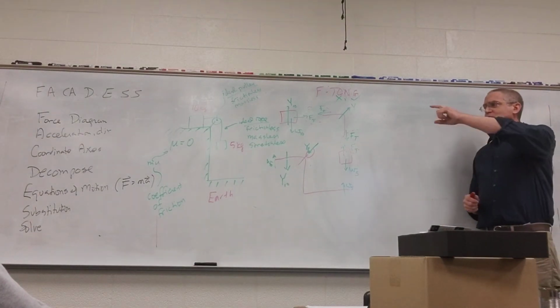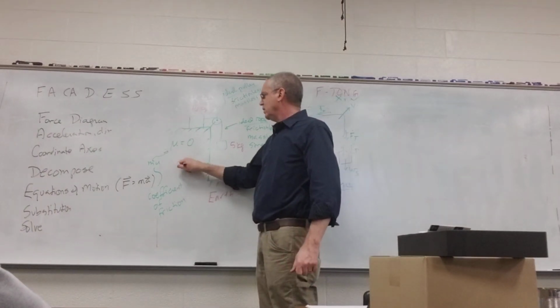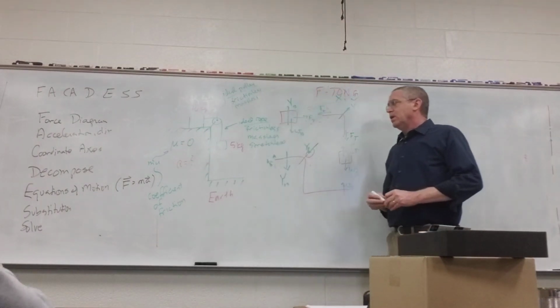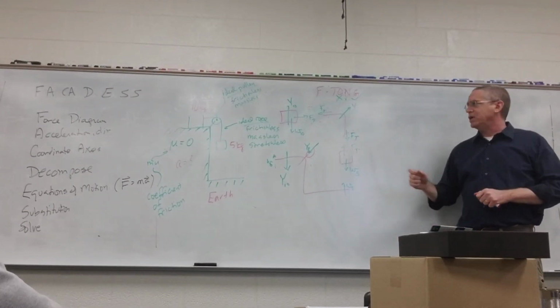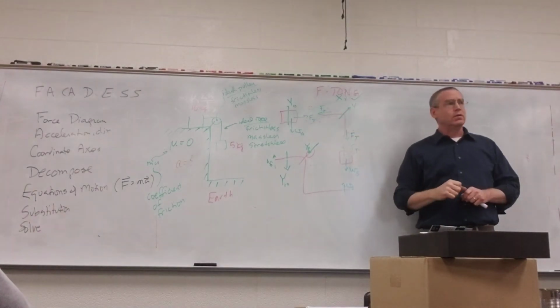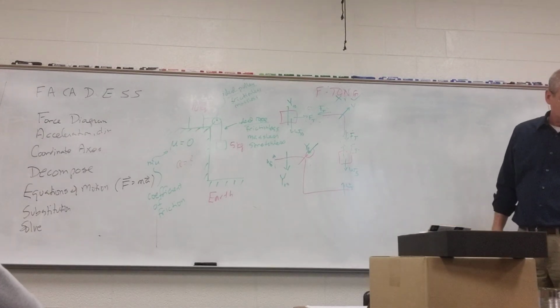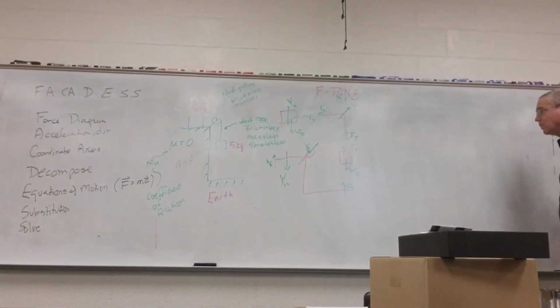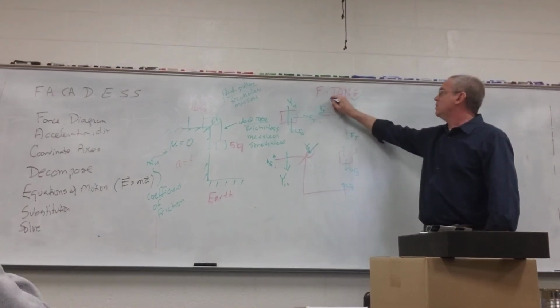But when we actually come to solving for acceleration, at some point we do need to acknowledge that because of the ideal nature, these tensions are the same. Otherwise, it's not solvable without more information. All right, so that's tension.